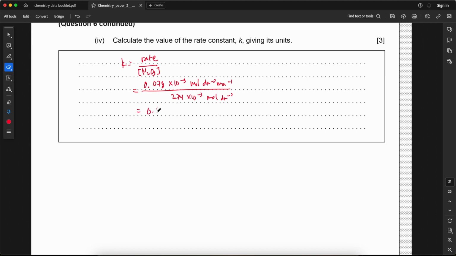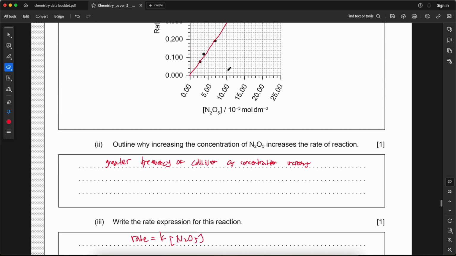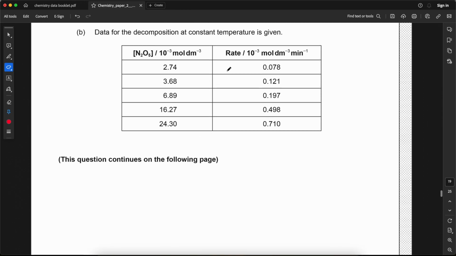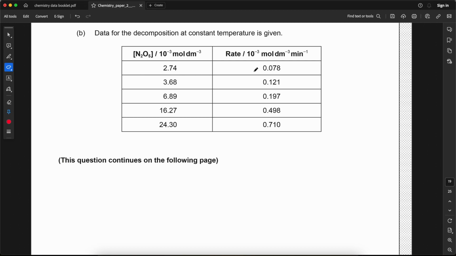Then you will get 0.028 min^-1, because the mol dm^-3 units cancel, so only min^-1 remains. I choose the first one. You can choose any of these 5, you will get the same answer.